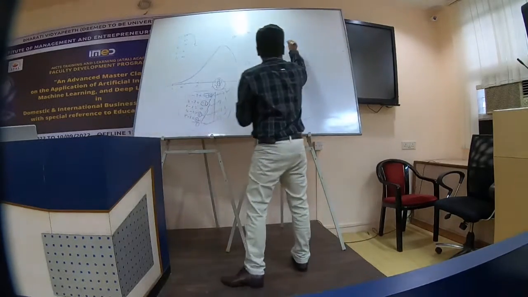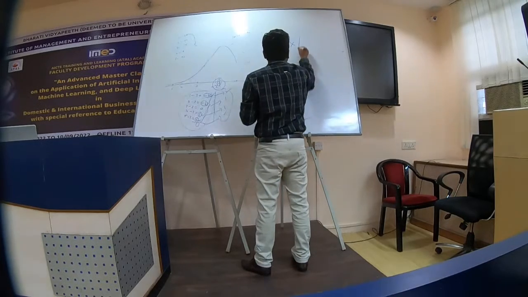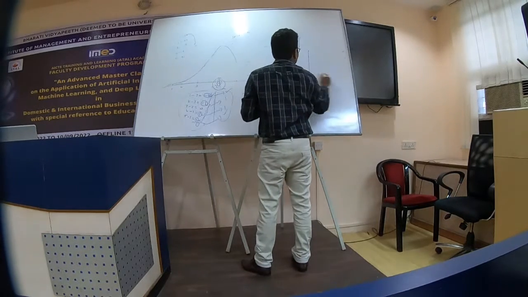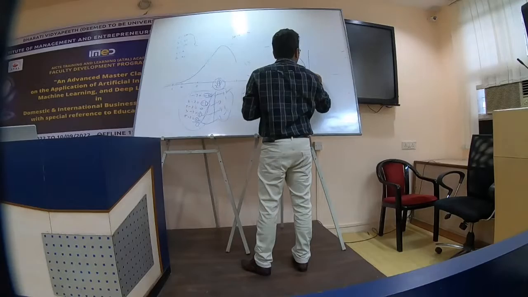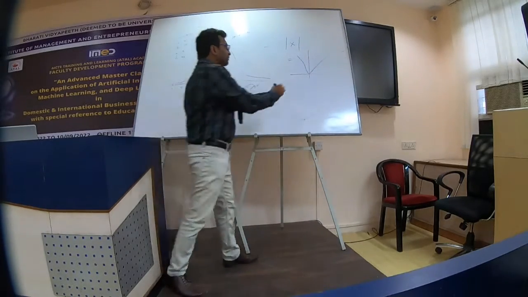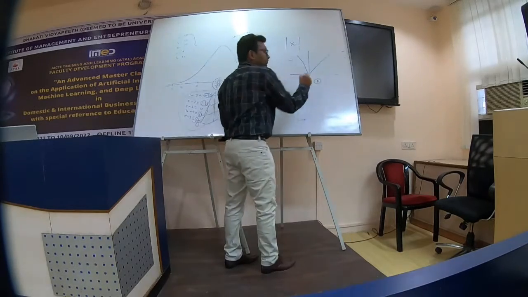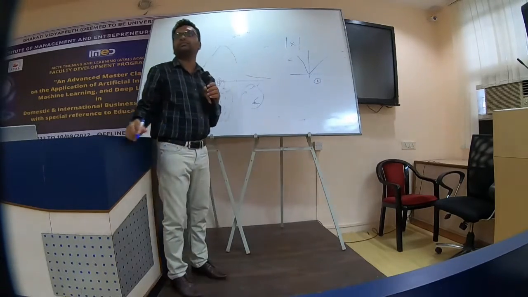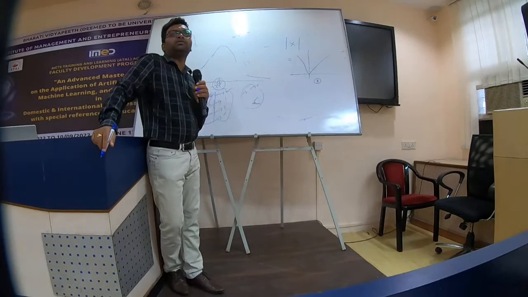so mod x is a graph, could be like this. Mod x is the graph. Then what is the problem of this?